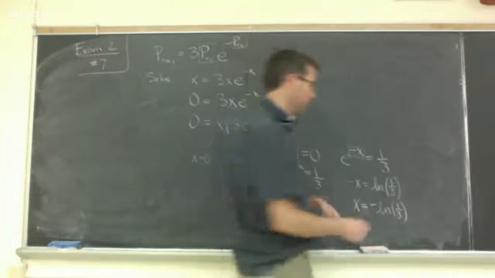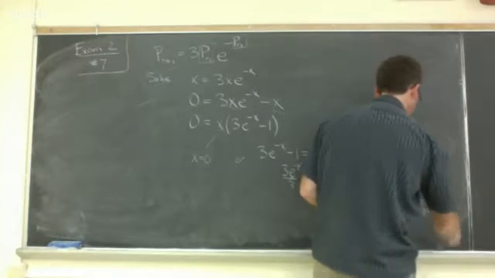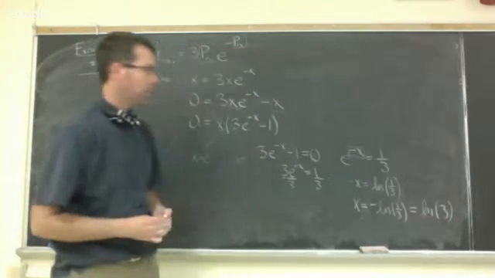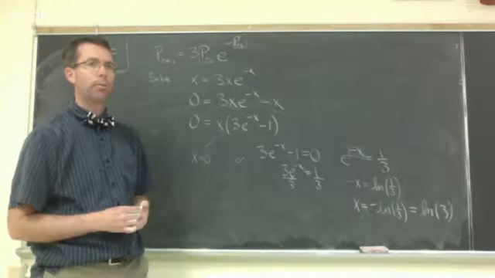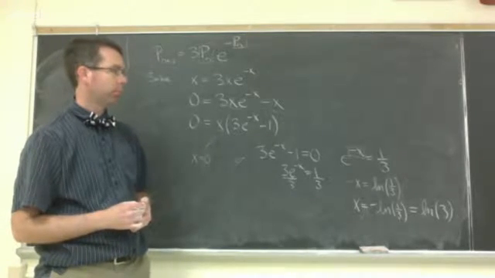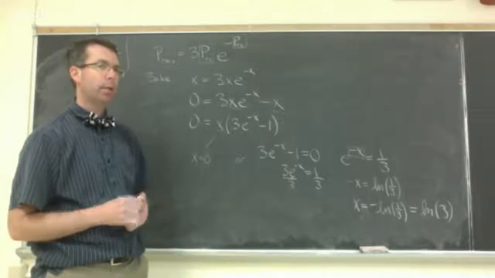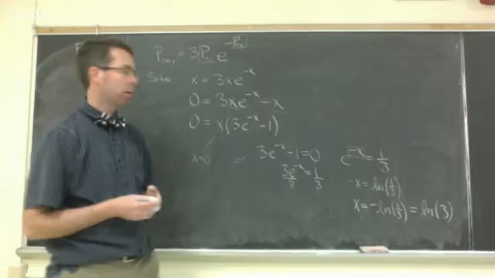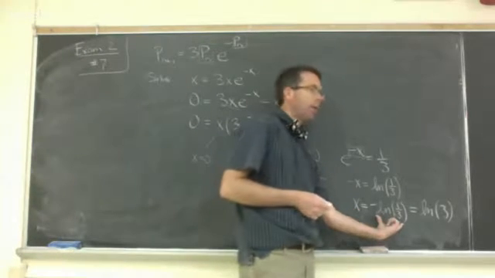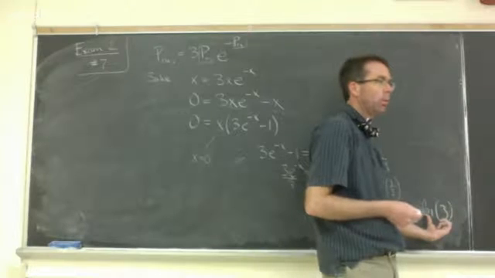So this is equal to the logarithm of 3. If you put negative ln 1/3 in the calculator, you'll get a decimal value again. I'm looking for an exact value. So I would have accepted this as an exact value, and this is an exact value. They're equal.